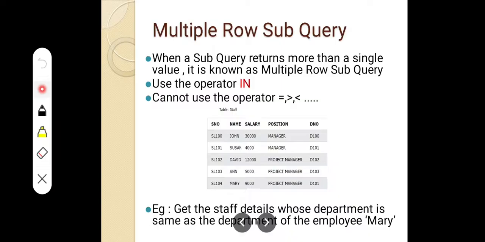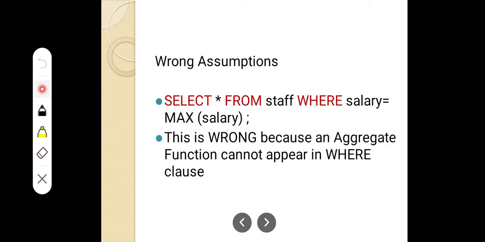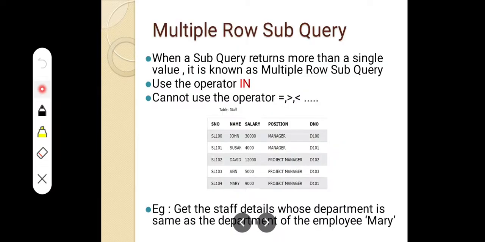In that case, we cannot use the relational operators. There we used salary equal to, and this cannot be used in the multiple row subquery. There we can use only the operator in. When a subquery returns more than a single value, it is called a multiple row subquery. It uses the operator in. We cannot use the relational operators equal to, greater than, less than, greater than or equal to, and so on.